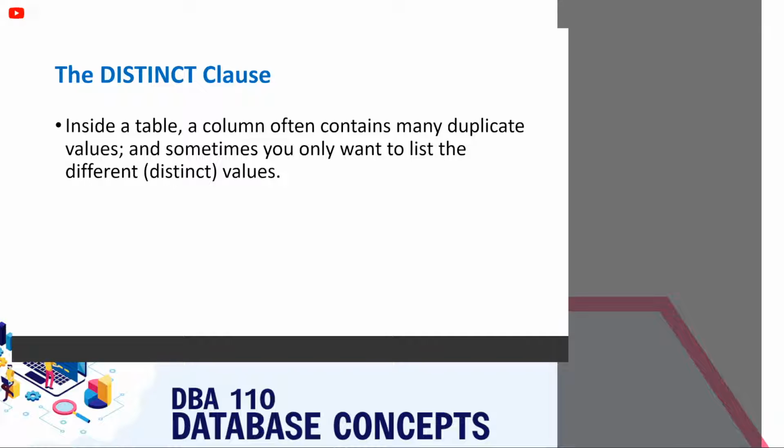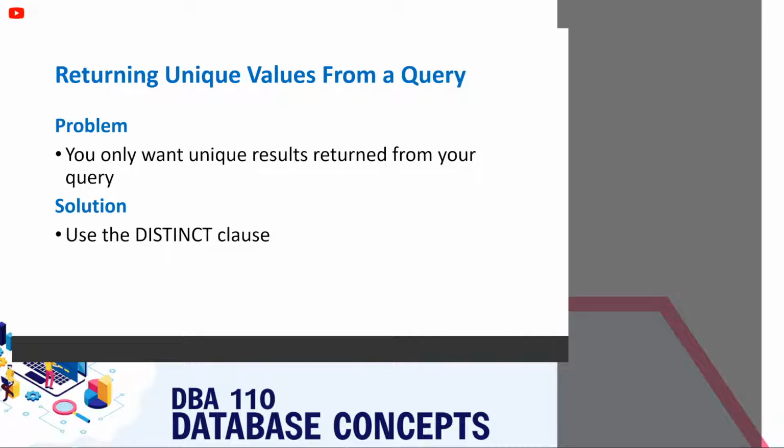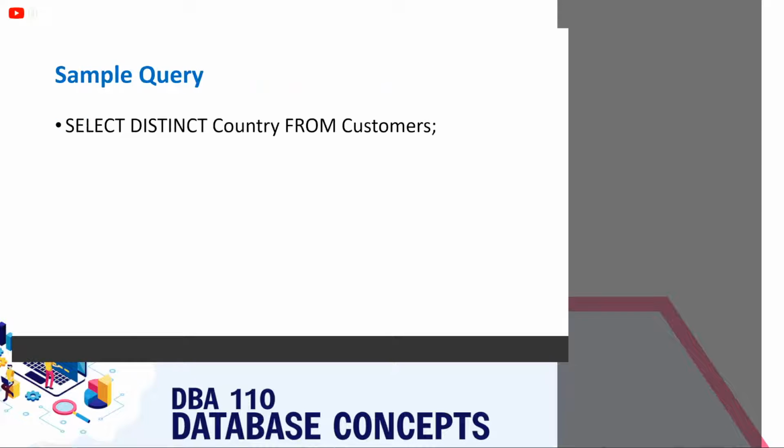Stratford and Eltham and all of these British city names that we're dealing with here. So if we only want unique results returned from our query, we are going to use the distinct clause here, and that will allow us to just pull back something distinct.